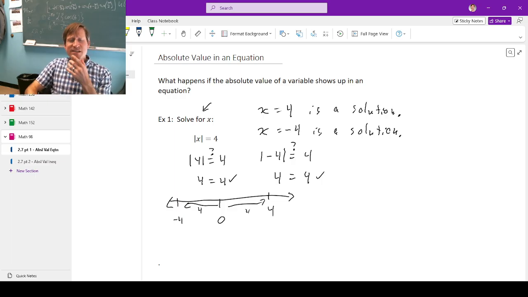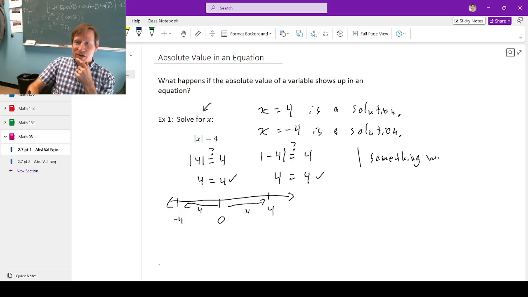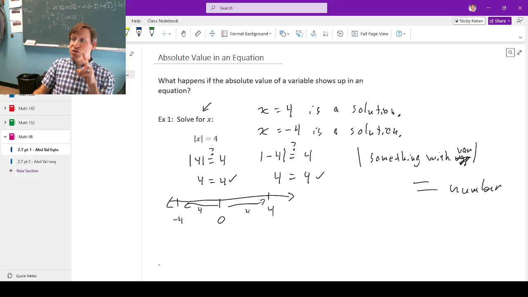The upshot of all of this is when we have an equation that looks like absolute value of something with the variable in it equals a number, there are two ways to make this equation true.